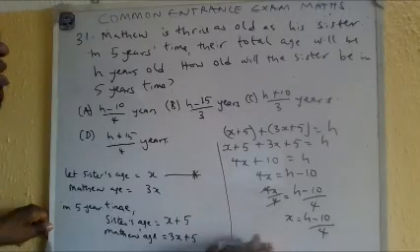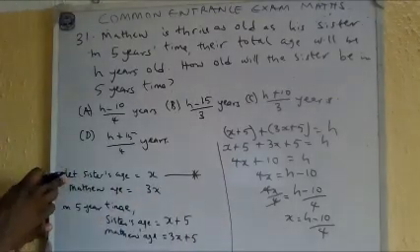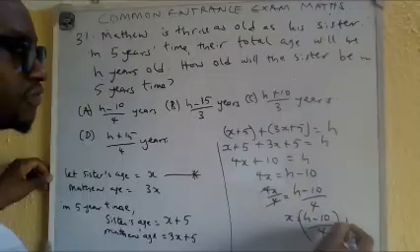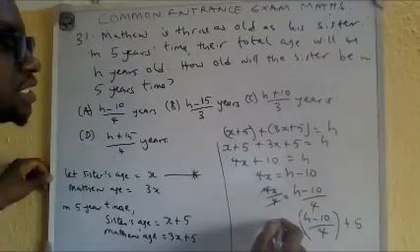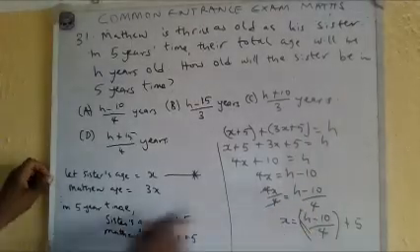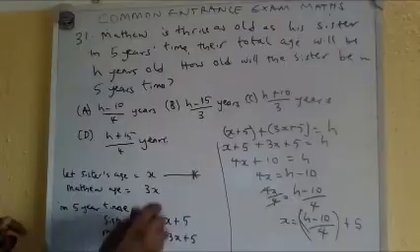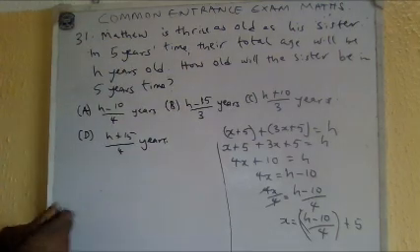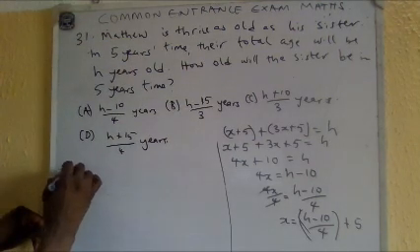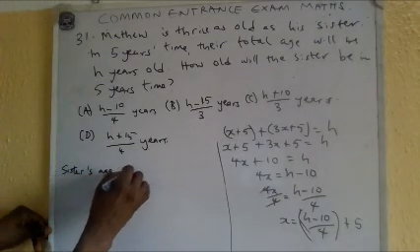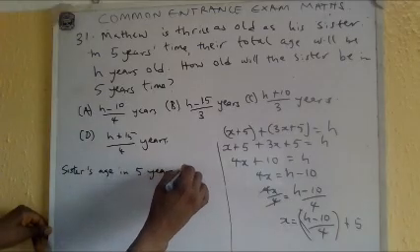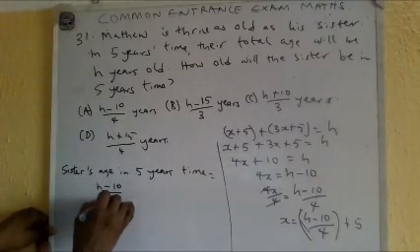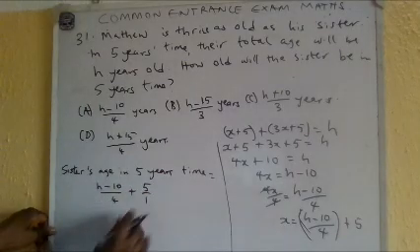This is the sister's current age. But we want the sister's age in 5 years' time, so I'm going to add 5 to it. I'm not done with this simplification. So the sister's age in 5 years' time is equal to h minus 10 over 4 plus 5 over 1.